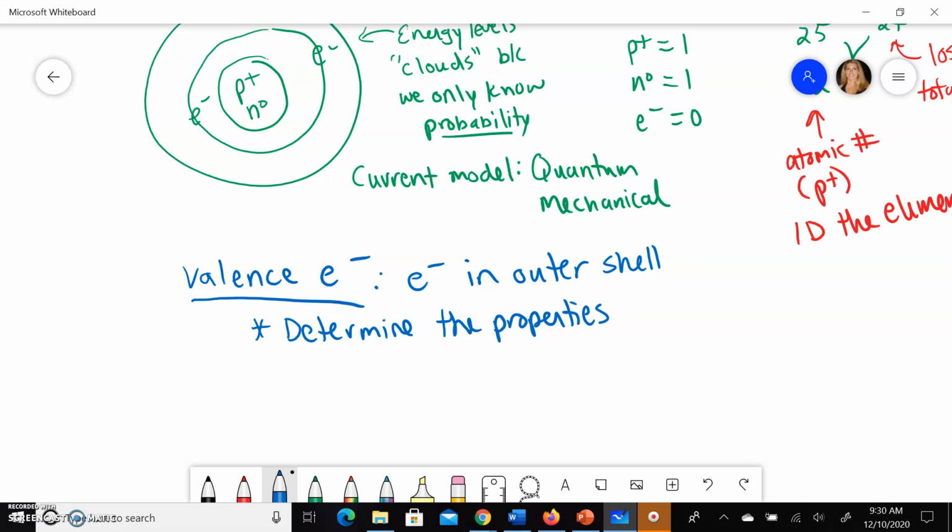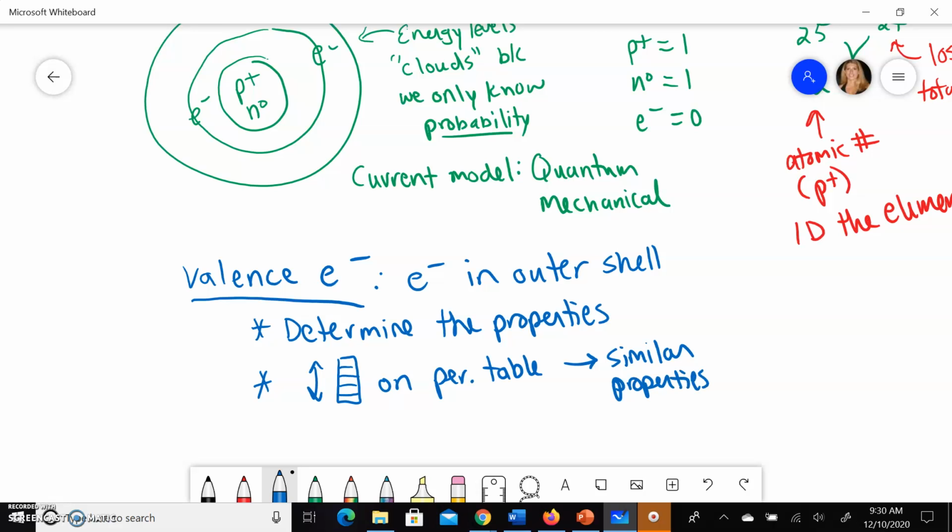So when I say the properties, I mean things like how well do they react with nonmetals or with metals, whether they're reactive or not in general is going to be dependent on those valence electrons. And in the columns, so the up and down columns on the periodic table that look like this, these on the periodic table have similar properties. And the reason they have similar properties is because they have the same number of valence electrons.